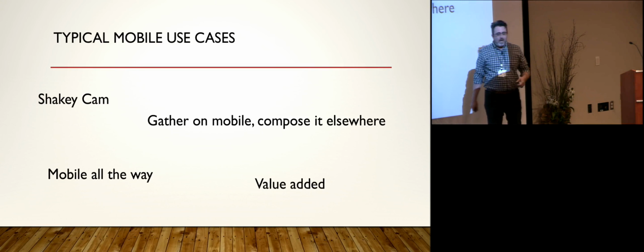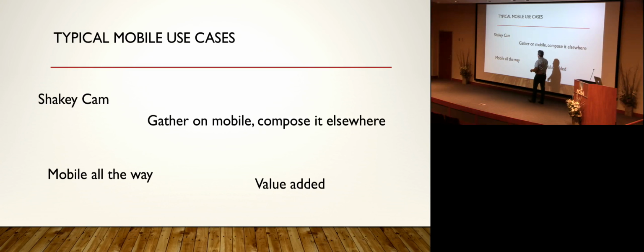If you're mobile all the way, you need to invest in both. If you're only doing shaky cam footage, right, you're Night Stalker, you're out there covering things as they happen, maybe what you need to do is invest in some external lenses and a tripod, but the rest of it doesn't really matter. So where you build and where you spend your money is really going to depend on that use case.